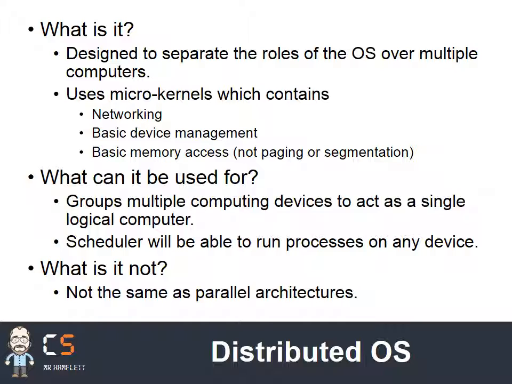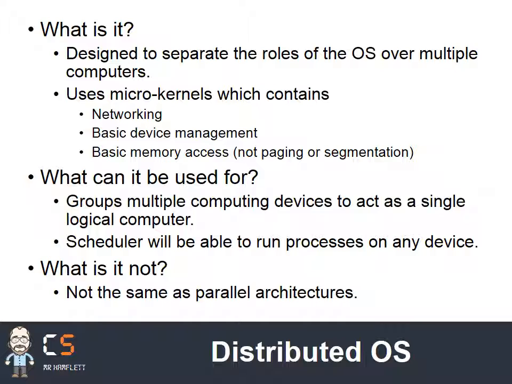So it's a bit like having a computer with multiple cores or multiple CPUs, but these are then spread over computers. The way they communicate together will be over a network, so there is an inherent slowdown by using a distributed operating system. So what can it be used for? It allows us to group multiple computer devices to act as a single logical computer, ergo allowing us to do anything that's parallel.